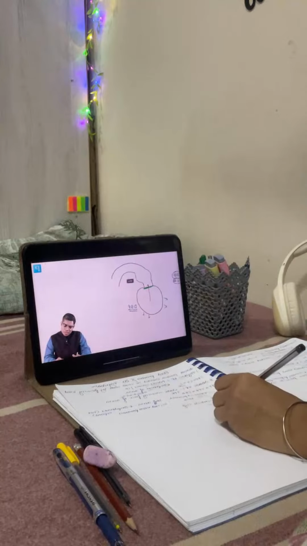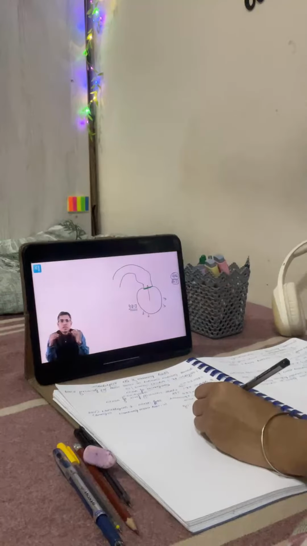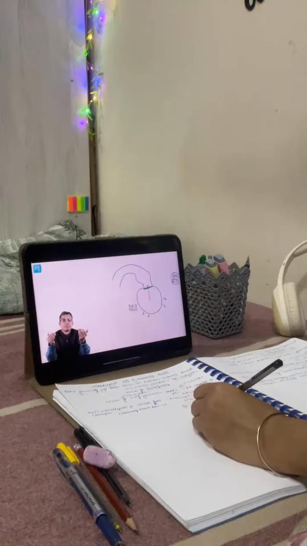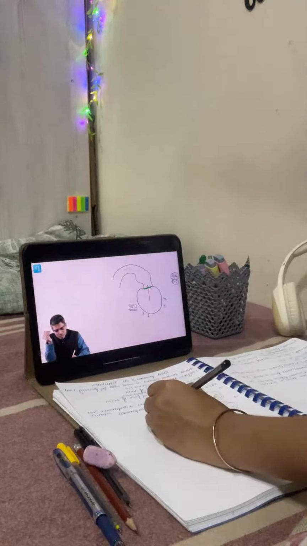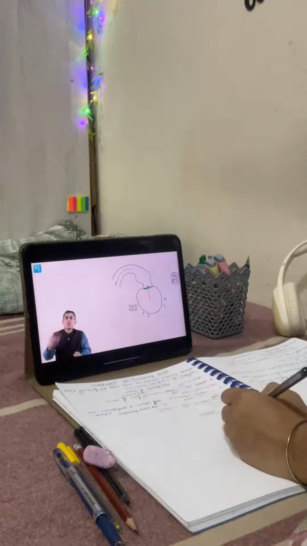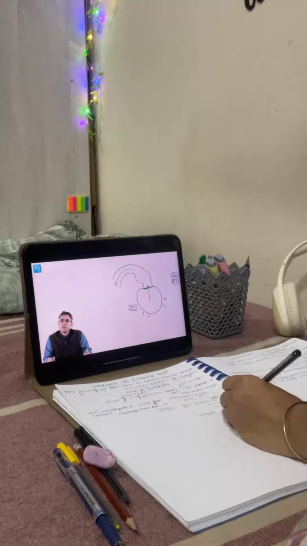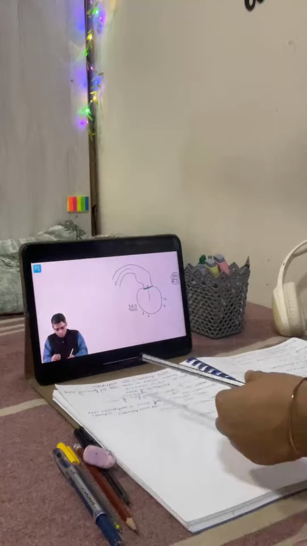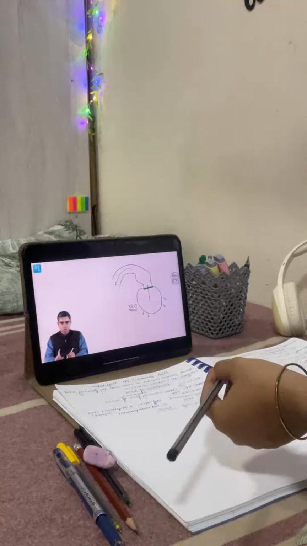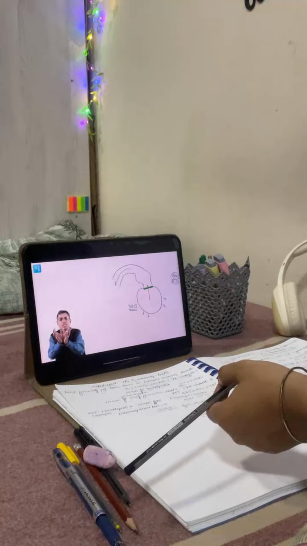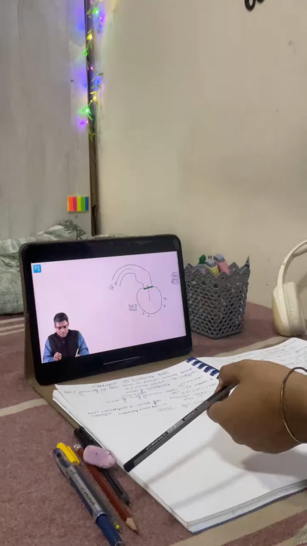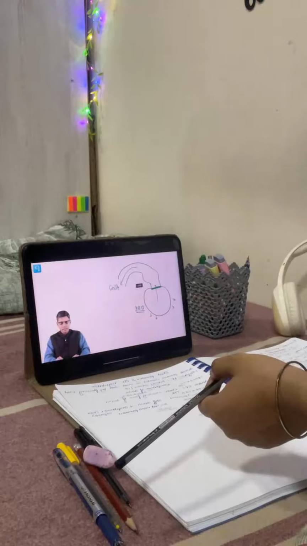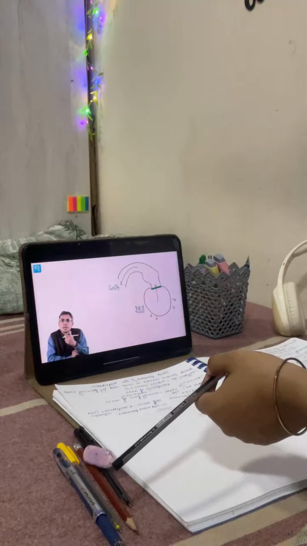So during diastole, the ventricle is not ejecting any stroke volume. So what do you think? The blood which is present in the vessel, is it going to flow or not? Obviously, the flow is not going to stop. The flow is continuous. That means although these semilunar valves are closed and no one is pushing the blood from the ventricle, still blood flow is continuous inside the vessel even during the diastole of the heart.